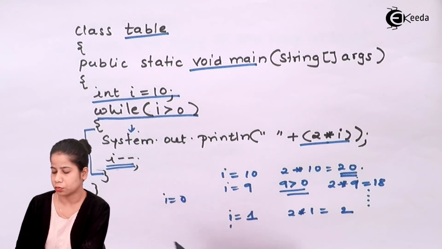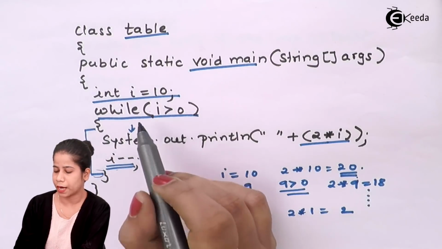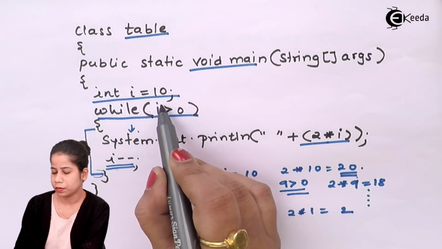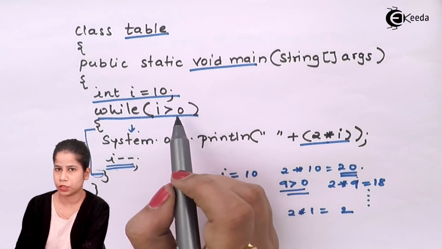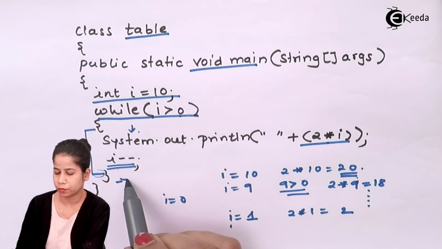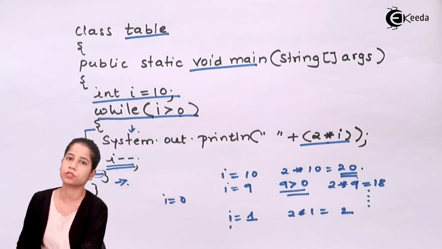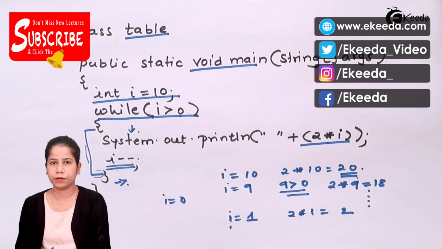I becomes 0. Once it goes to the condition again, what will happen? Is 0 greater than 0? Is the condition true? No, it's false. So in this case you will be coming out of the loop, and here your program will stop. Fine. So that is the example of decrement.